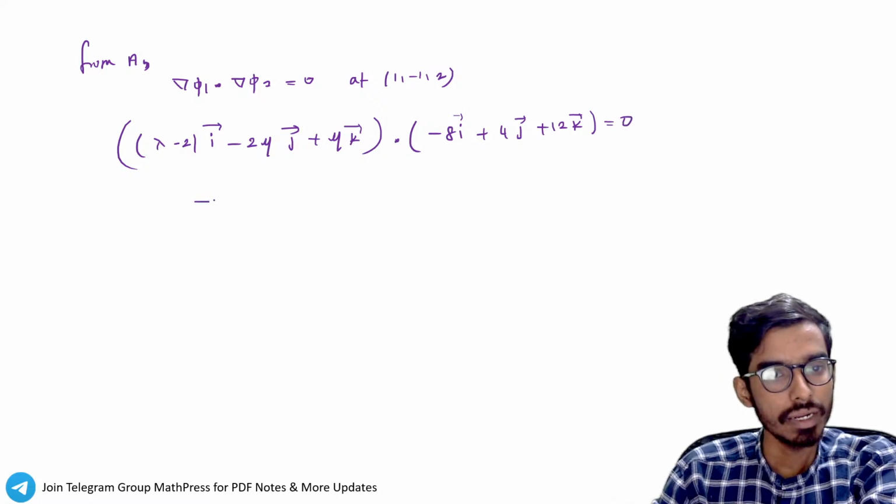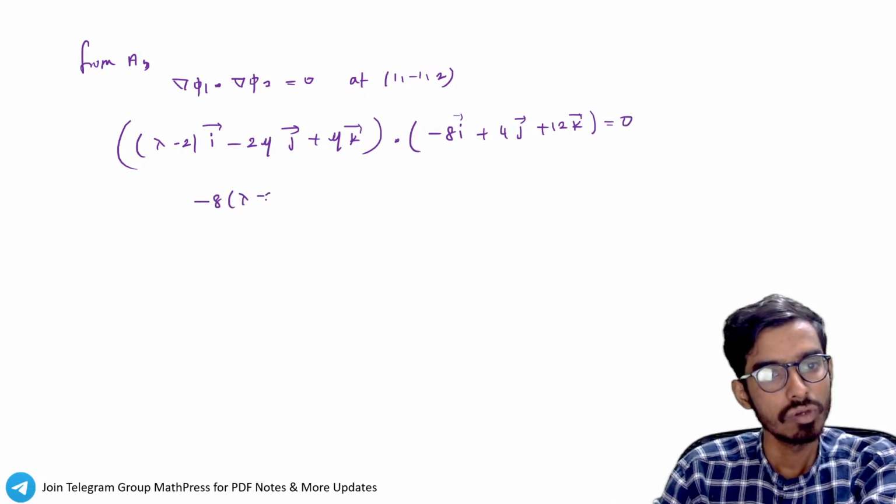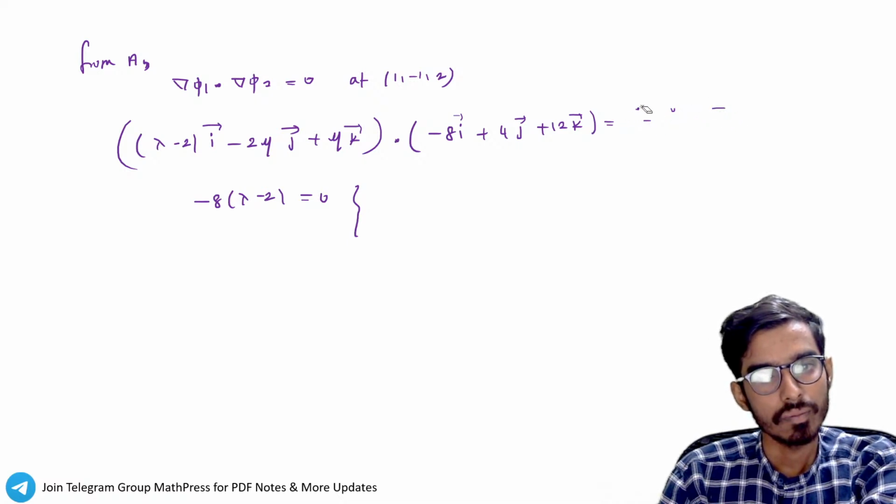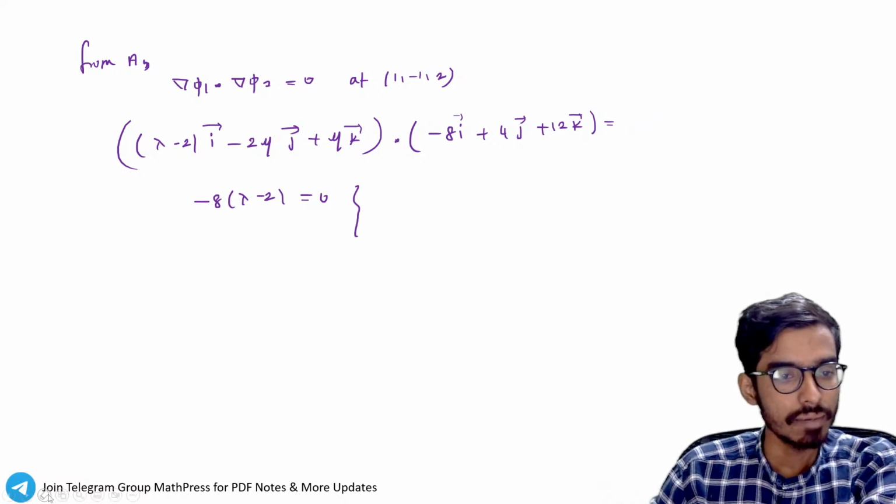So make a dot product. This is the same as 0i plus 0j plus 0k. Just make a dot product and equal to 0.